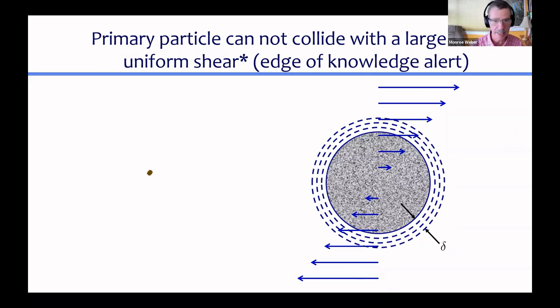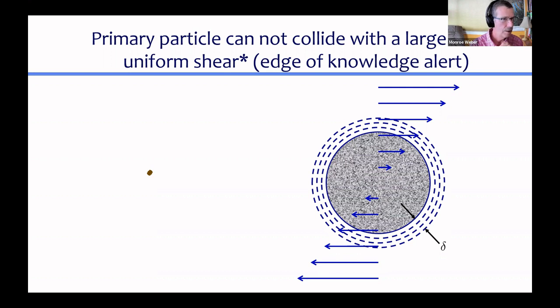And so what that means is that the streamline for this poor little clay particle that would love to attach to this big flock doesn't actually get close to the flock, because there's all this fluid next to the flock that is spinning around with the flock. And so the closest streamline that's going past the flock is actually far away from the flock itself.